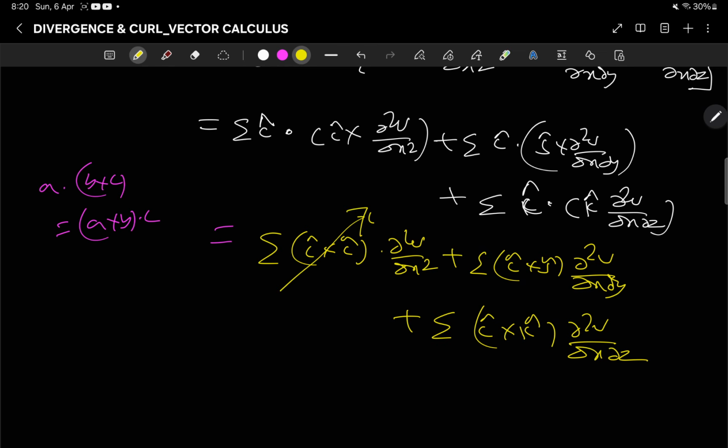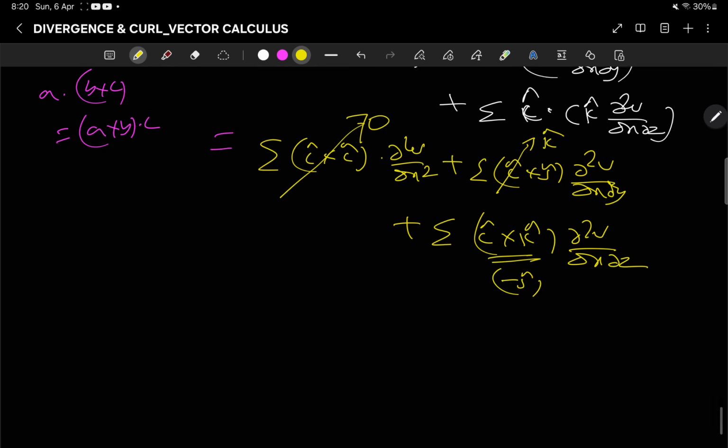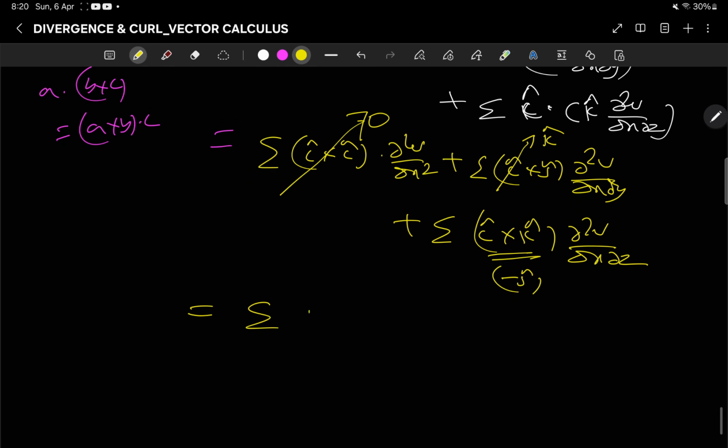Now i cross i is 0 and i cross j is k and i cross k is minus j. So that is equal to, you write, summation of k del square v by del x del y and minus summation of j del square v by del x del z.